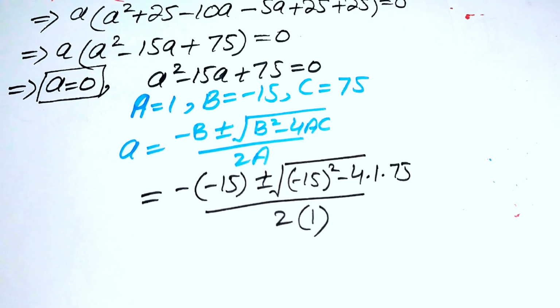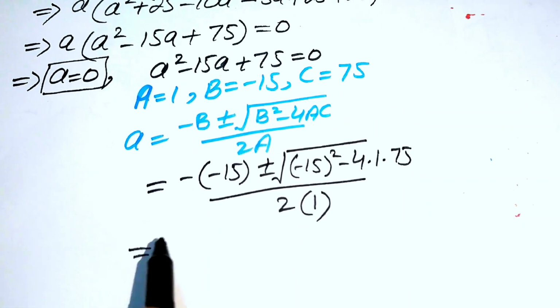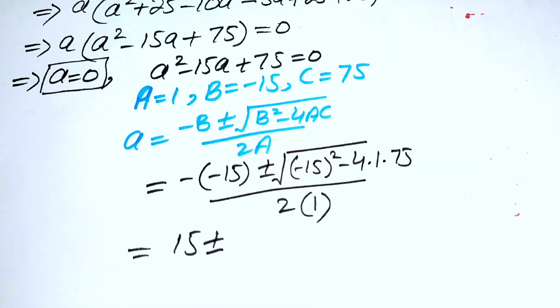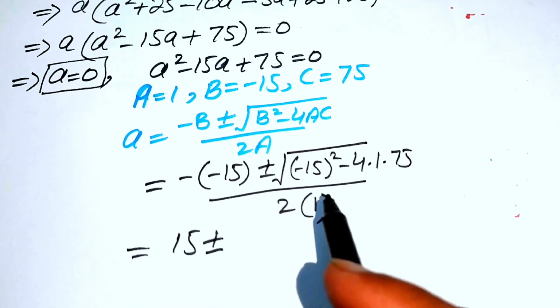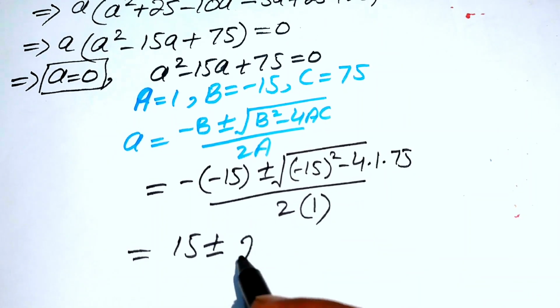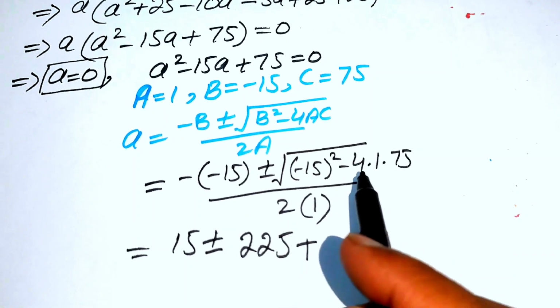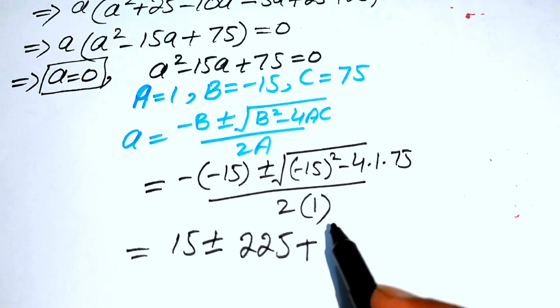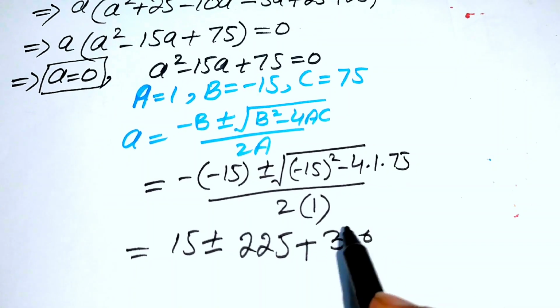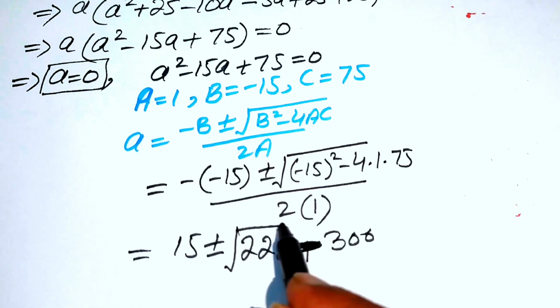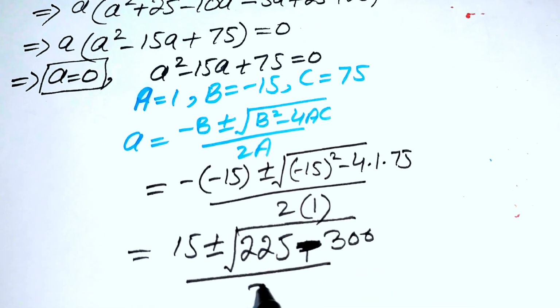In the next step we need more simplification here, and we get minus times minus becomes plus 15 ± the square root of 15 times 15 equals 225, plus, we multiply 4 times 75 and it equals 300. So this is minus and this becomes -300, and its whole square root divided by 2.